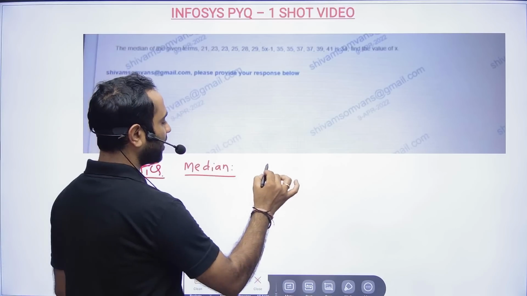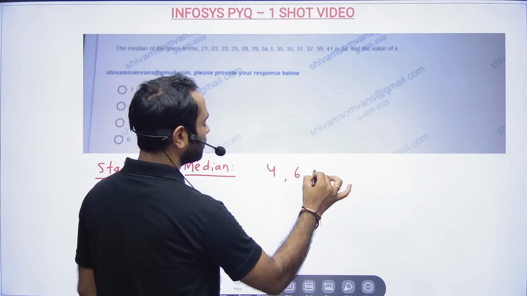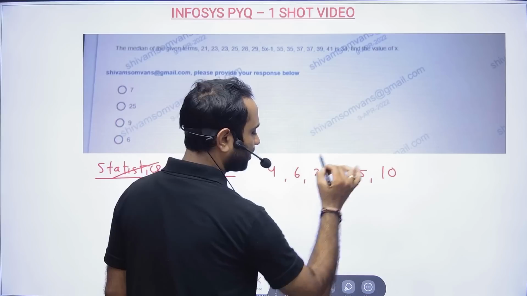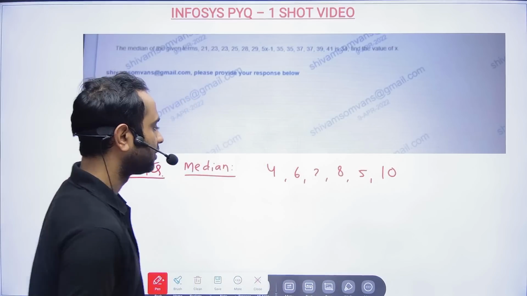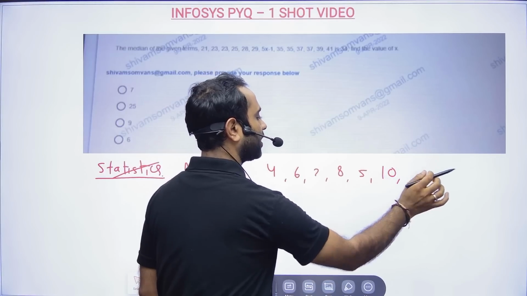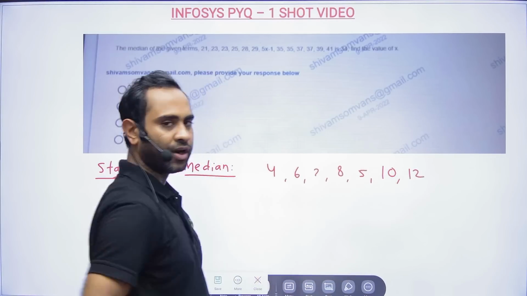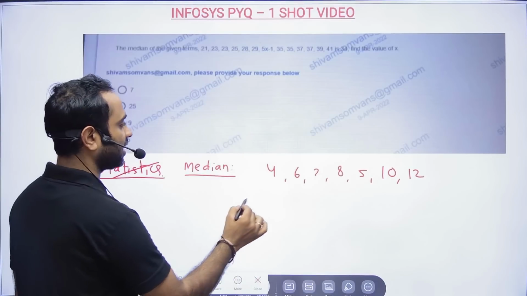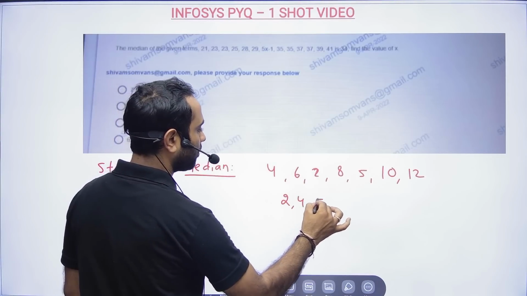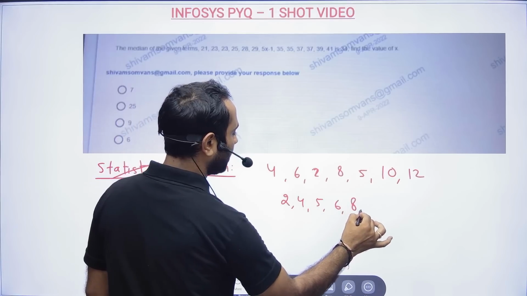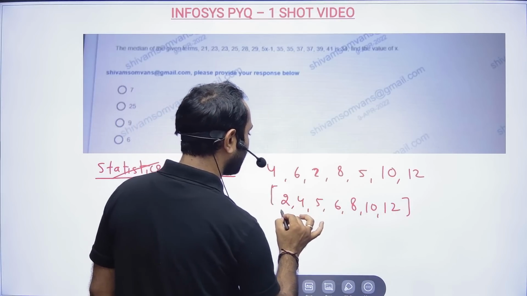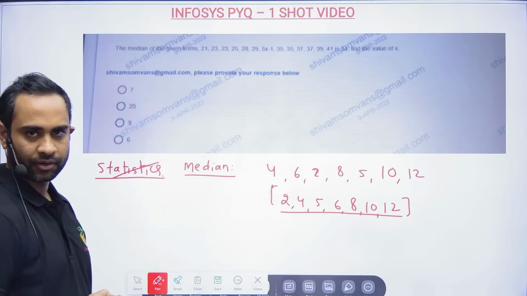Now suppose we have 4, 6, 2, 8, 5 or 10, something like this. If we have to calculate median, and let's take one more number, 12. So if you want to calculate the median of this, the first thing is you need to arrange them in ascending order, like 2, 4, 5, 6, 8, 10 and 12. So this is how you will be arranging them in ascending order.